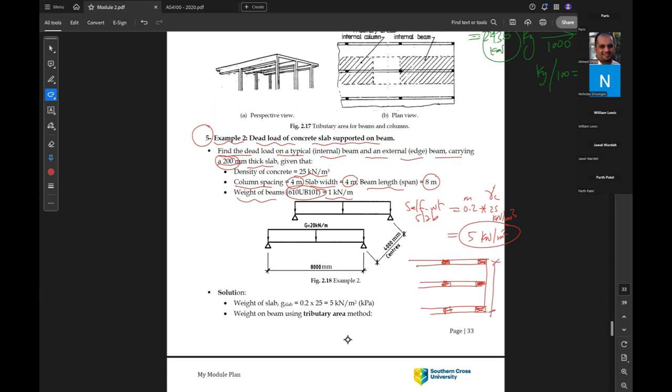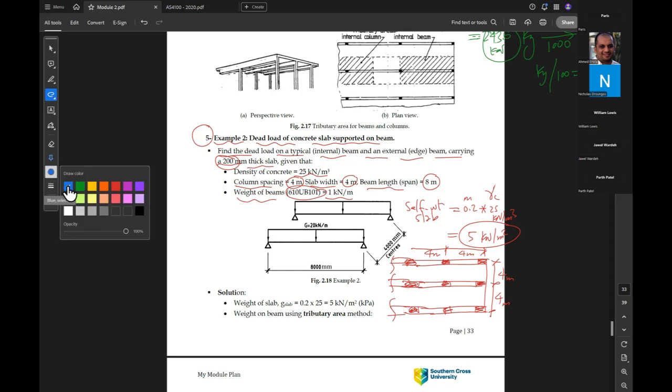So if this is the plan, 4 meter, 4 meter, and 4 meter, 4 meter, and so on. The important thing we need to know is the tributary area. What is the tributary area for each beam? Anyone can help? So each beam will carry half span from each side.